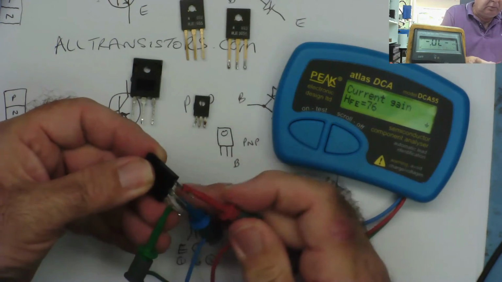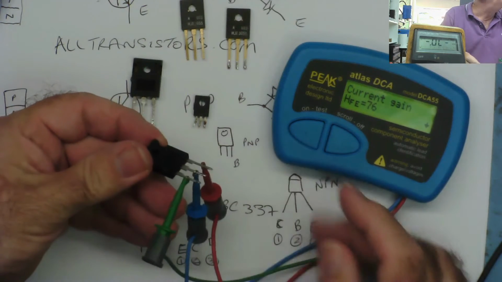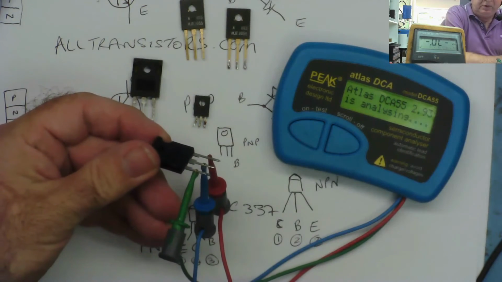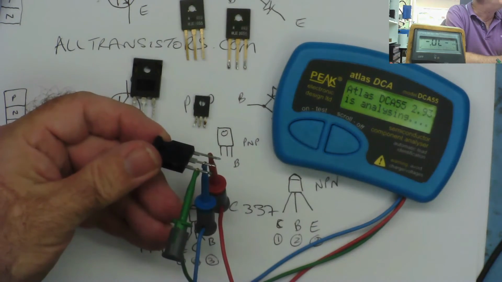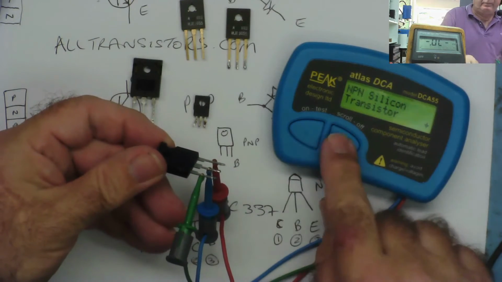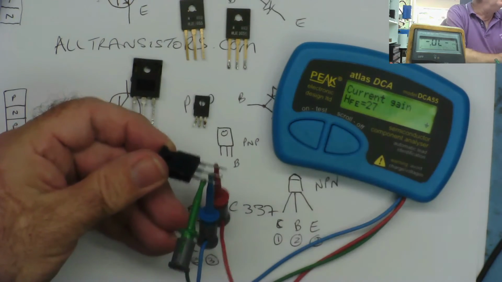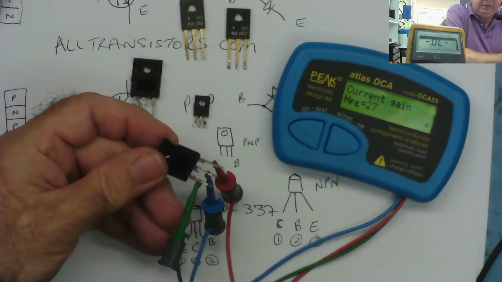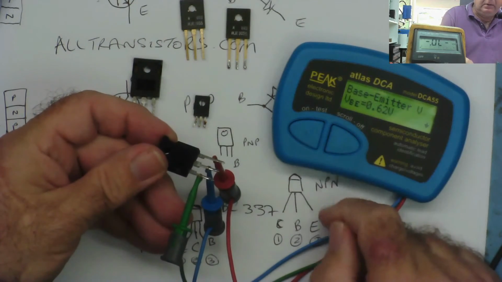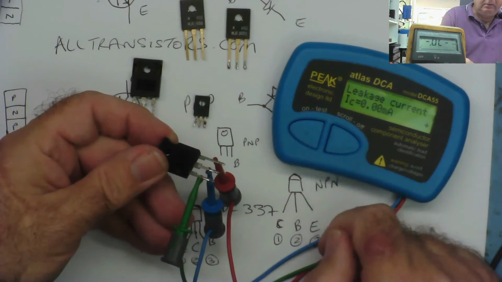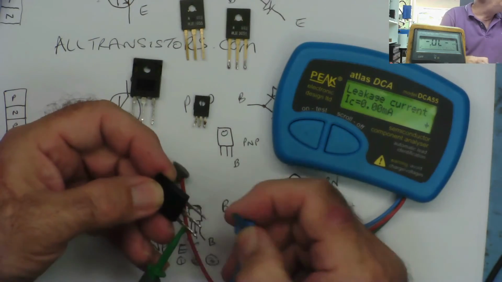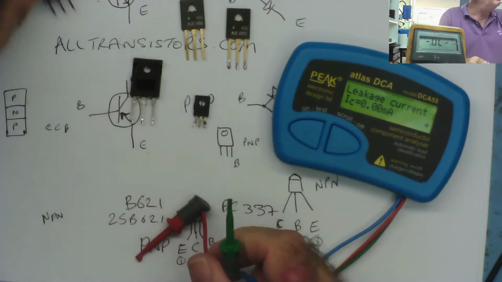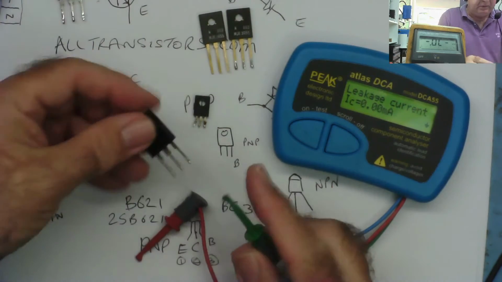Two more. Hope I haven't bored you yet. It's quite therapeutic, actually, just doing this. That's got a low gain, 27, yeah. No leakage. It's not unusual for power transistors to have a low gain, but it's a bit strange that these are so different.